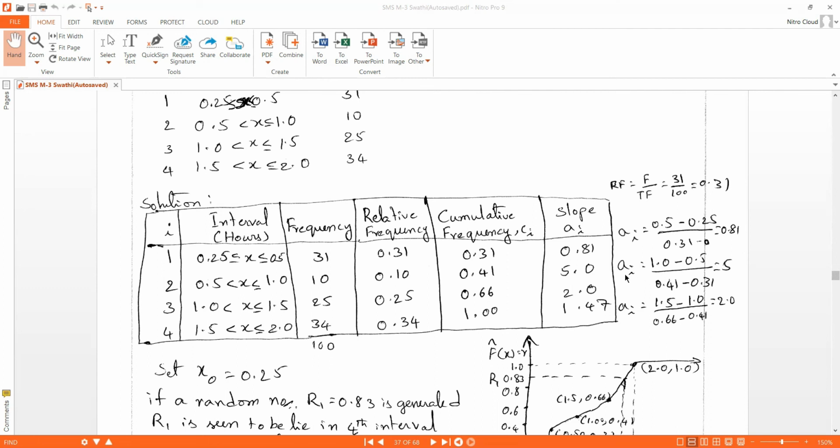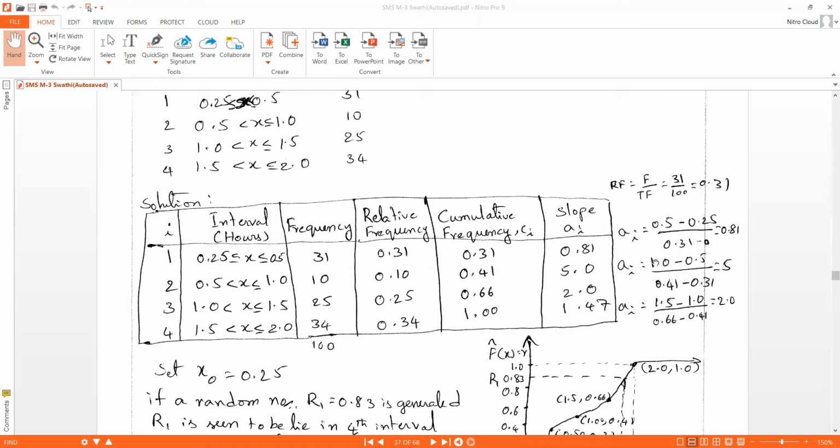Okay, now we will calculate a2 the same way. a2 is equal to x i minus x i minus 1 divided by c i minus c i minus 1. The x i value is 1.0 minus the x i minus 1 value 0.5, divided by the c i value 0.41 minus c i minus 1, the previous cumulative frequency, which is 0.31.